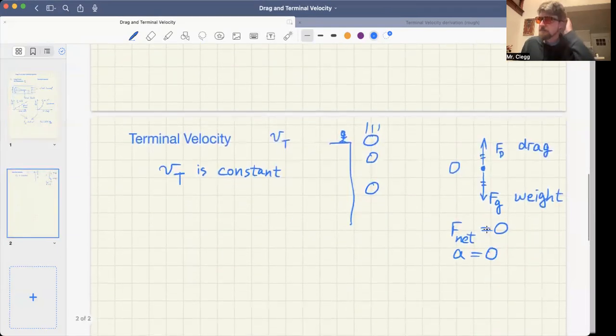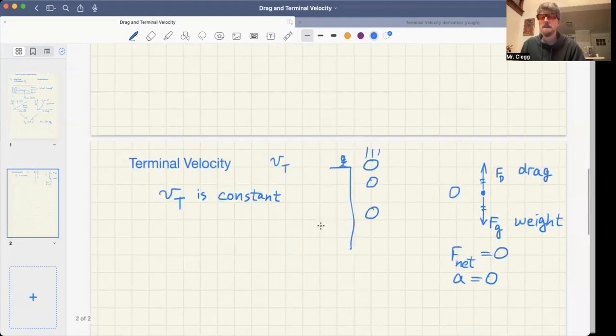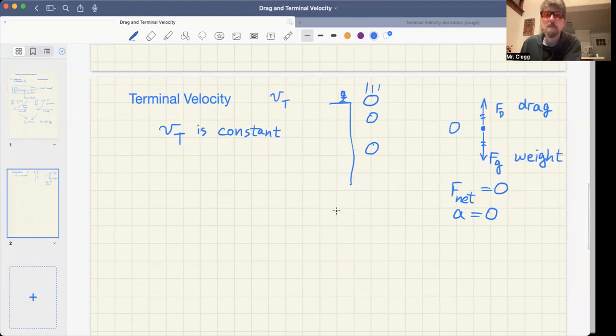So it doesn't have to go as fast to have a pretty big drag force, and so it can float down slowly. If you have a very small thing like a rock, the drag force isn't as much until you get going really fast, and then you have a lot of drag force. So then you're going to have a higher terminal velocity. Everything has a terminal velocity.